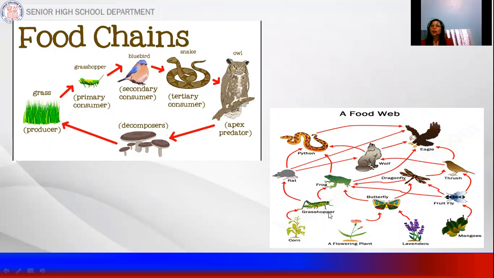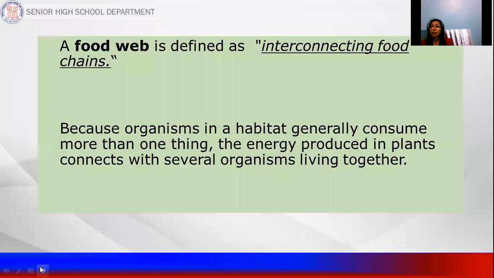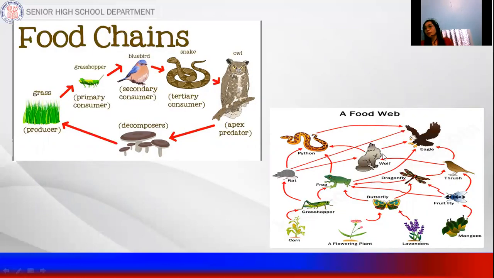As the energy is lowered, because different chains or different animals or consumers lessen the energy that is present from the original energy. It is said here that a food web is interconnecting food chains, so you see many different food chains in a food web, where one is eaten by the other.